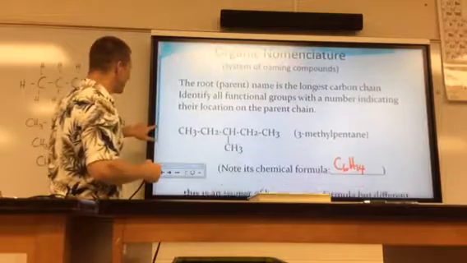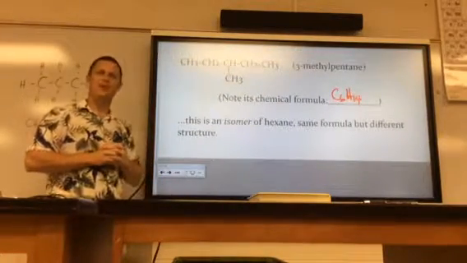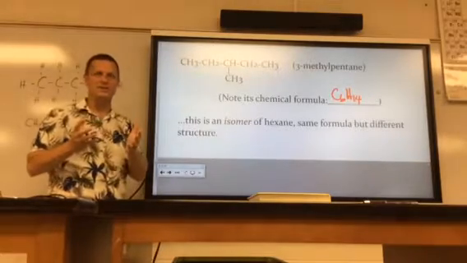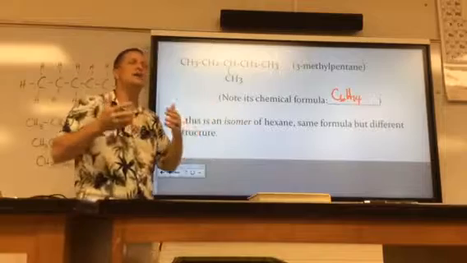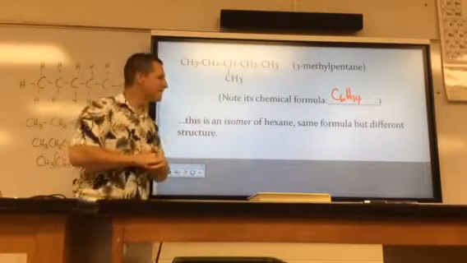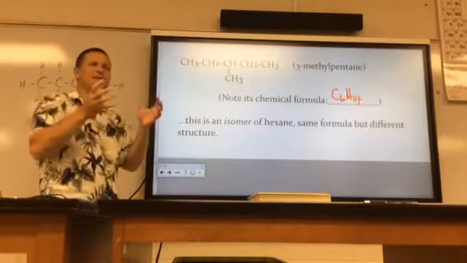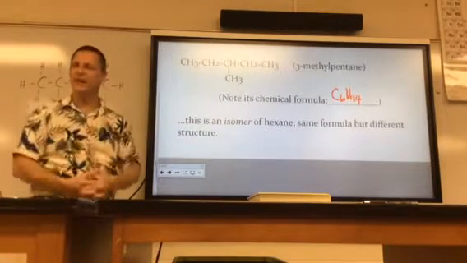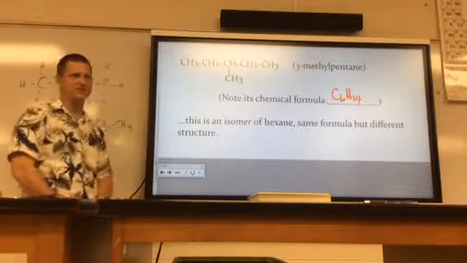So this gives rise to this term that I mentioned earlier in the hour. That's what our reading quiz is about, structural isomer. This compound winds up being a structural isomer of hexane. You get an isomer when you have a different compound, yet it has the same chemical formula. Same formula, different arrangement of the atoms.